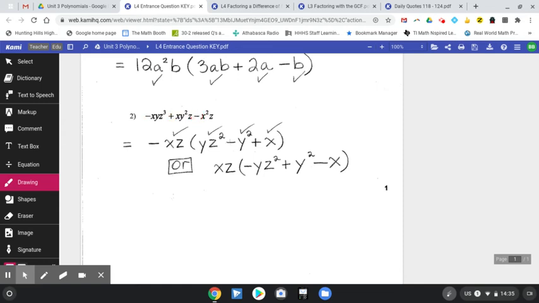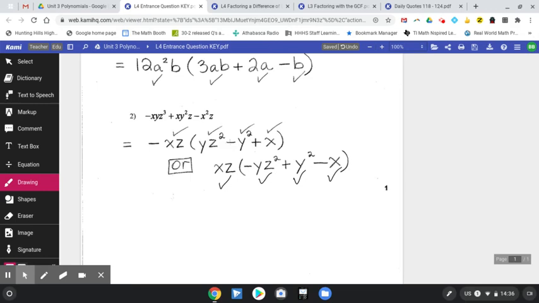Now, it isn't incorrect if you didn't pull out a negative. It's not as good, but if you did your work this way, you're still going to get full marks if you did it correctly. So there's really 2 ways that you could have factored number 2.